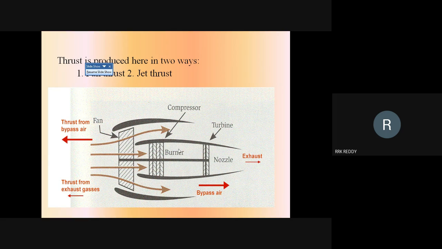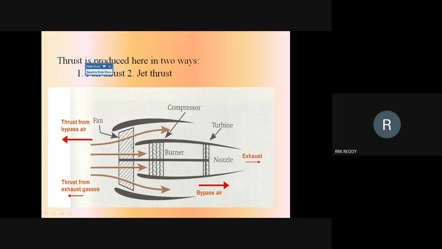So hot gases are produced, and those hot gases are expanded in the turbine and produce work, and the remaining expansion takes place in the nozzle, which develops a high velocity jet, which is exhausted from the aircraft engine. And here the thrust is developed in two ways. One is the jet thrust as usual, as explained earlier, and the second one is fan thrust.